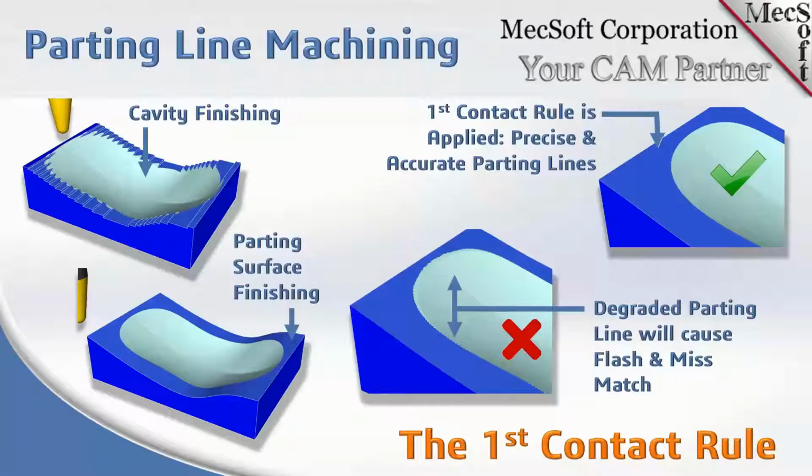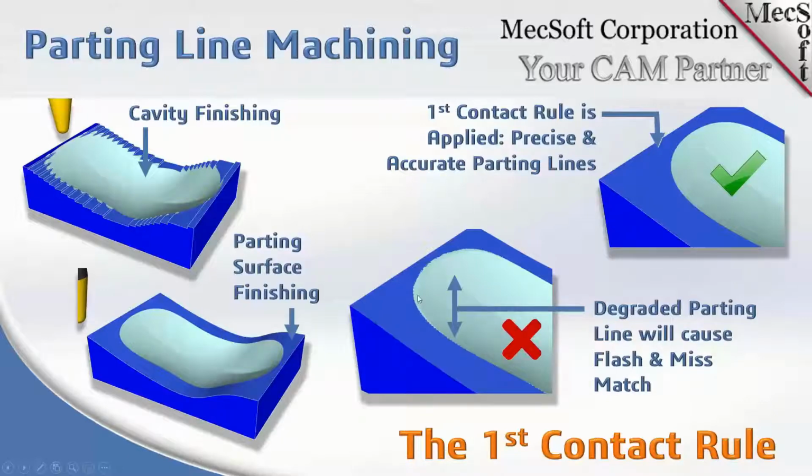So you see a nice, clear parting line, very distinct. There's no colors bleeding from one side to another. And if you go to the middle image, you'll see areas where the cavity is bleeding over into the parting surface and vice versa.